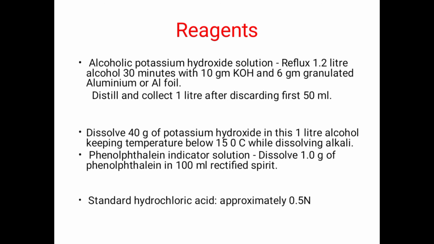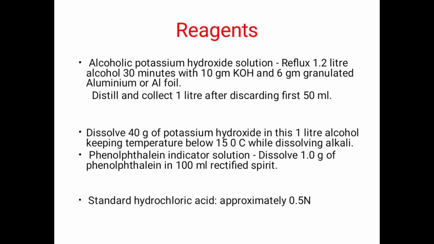And the second important step is to dissolve 40 grams of potassium hydroxide in this 1 liter of alcohol, keeping the temperature below 50 degrees Celsius while dissolving the alkali.